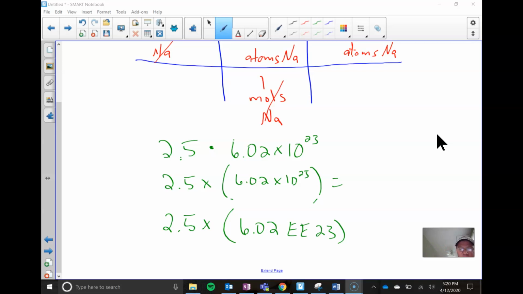And the way that you would enter this calculation on that calculator is 2.5 times, then open your parentheses, and keying in scientific notation works like this: 6.02, and then instead of trying to do times 10 to the 23rd power, you hit EE. That EE means times 10 to the, so 6.02 EE 23, close parentheses, then hit equals.